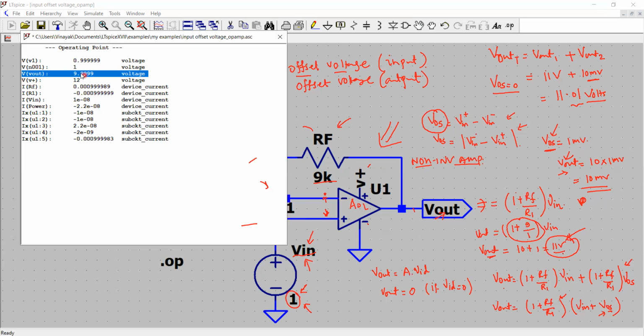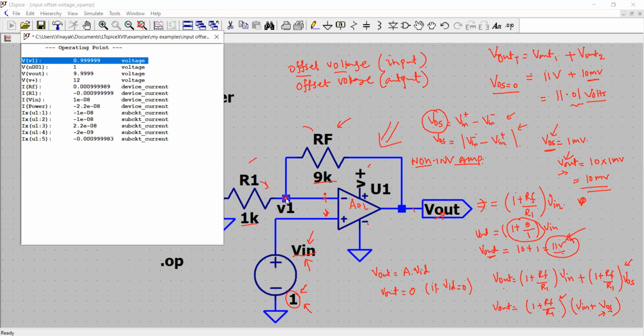That's correct. Now the voltage at the terminal V1, let me take you here. This is the node. Because the gain is 10 mega that we have set, the voltage at V1 will be equal to the voltage at V2, which is this node at the positive, and the voltage at V2 is V in. Therefore, this V in will come here.